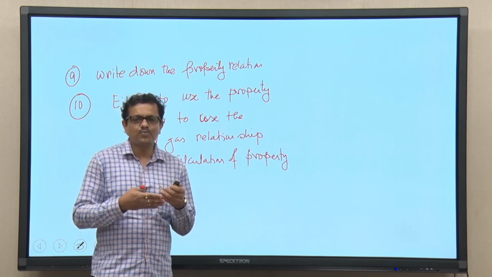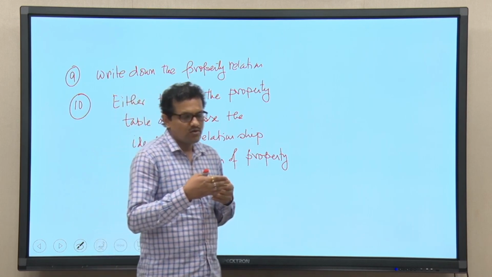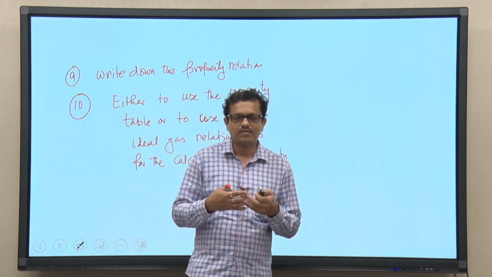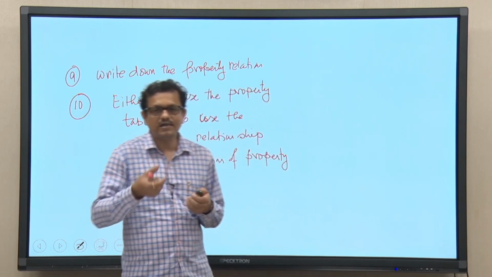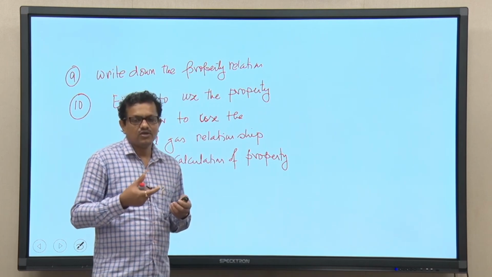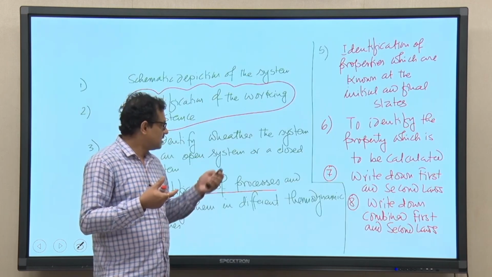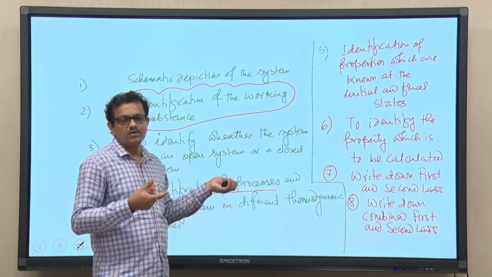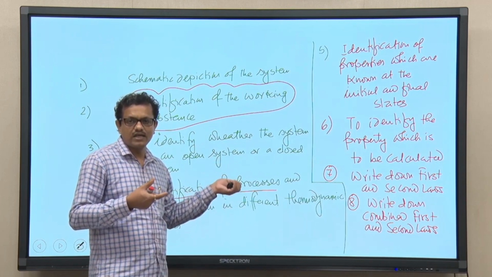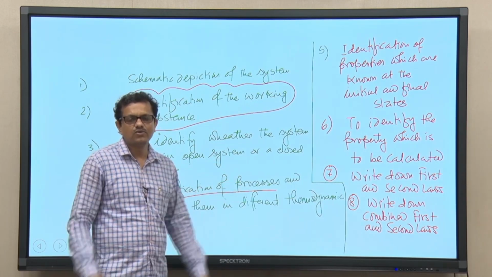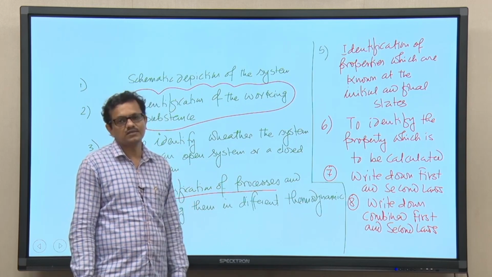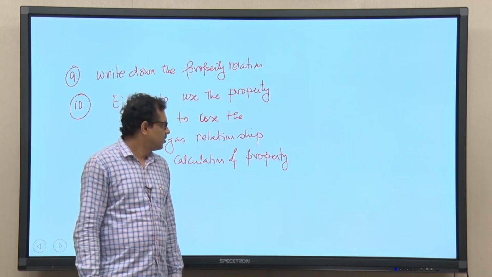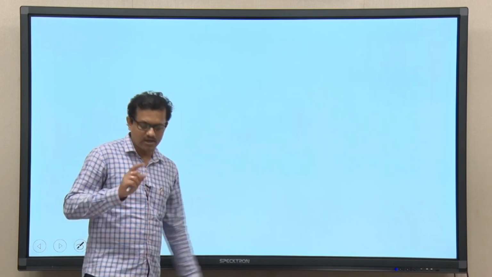So, we need to proceed systematically by knowing the intermediate steps correctly. So, basically these points which I have listed down over here will help you to proceed systematically in the right direction, knowing the intermediate steps correctly. Okay.